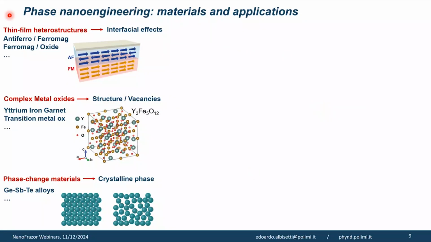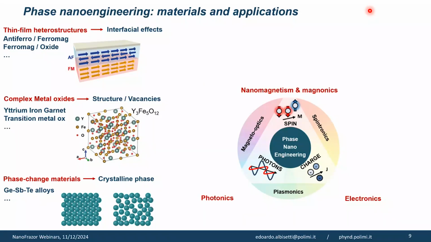So basically now we have these classes of materials, but the important thing is what we would like to do with them. If we take this imaginary triangle of interesting things that can happen within the material, at the three corners we have the charge associated with electrons, the photons, and the spins. And we have the three branches that we're interested in.